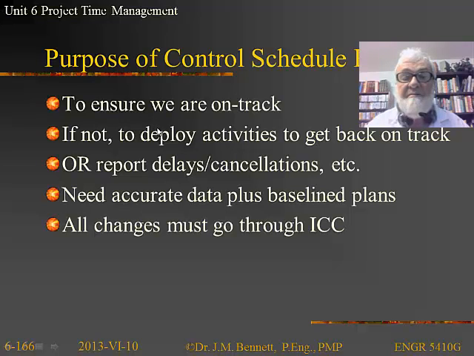Maybe risks have eventuated, things like that. Or if we're going to be late, then we want to report on delays and cancellations or descoping and things like that to our stakeholders. Remember, the one thing a stakeholder does not like is a nasty surprise. The sooner you can report on bad news, the better for the project itself.